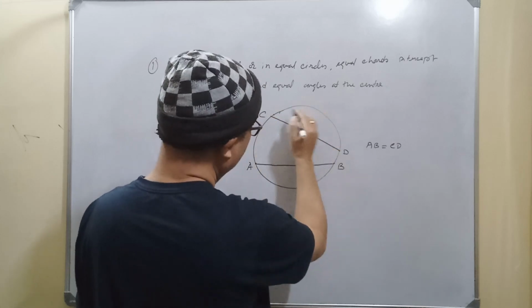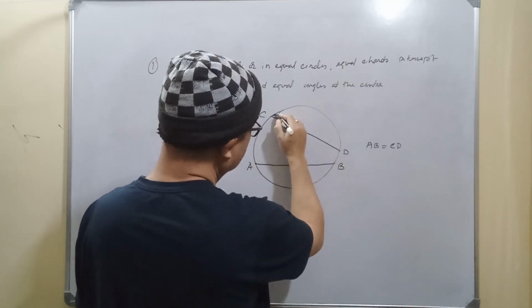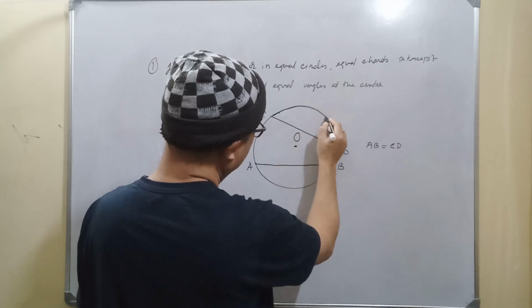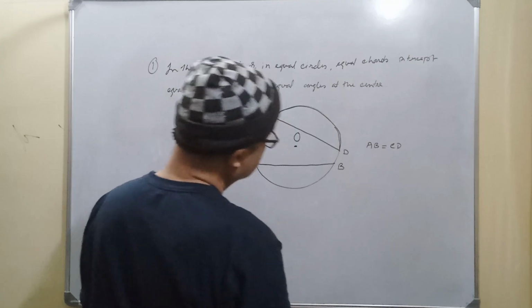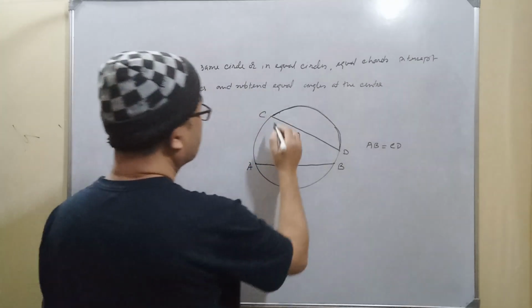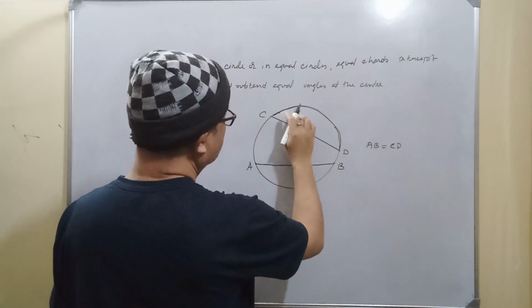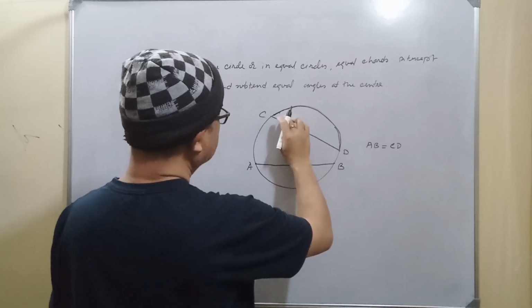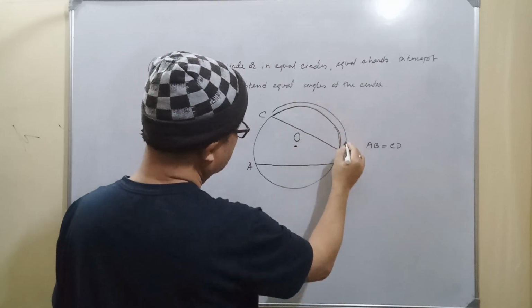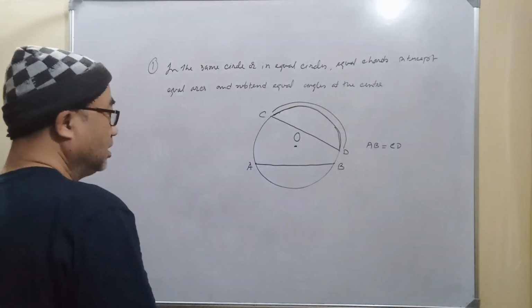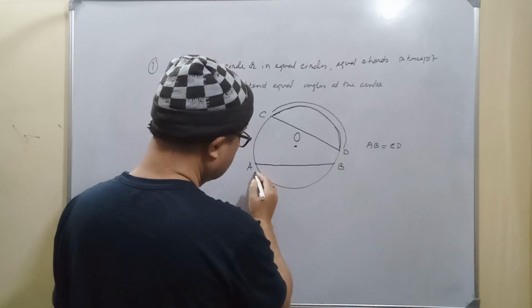What is the topmost arc? This is the topmost arc, right? So it intercepts this arc CD. This is the arc.